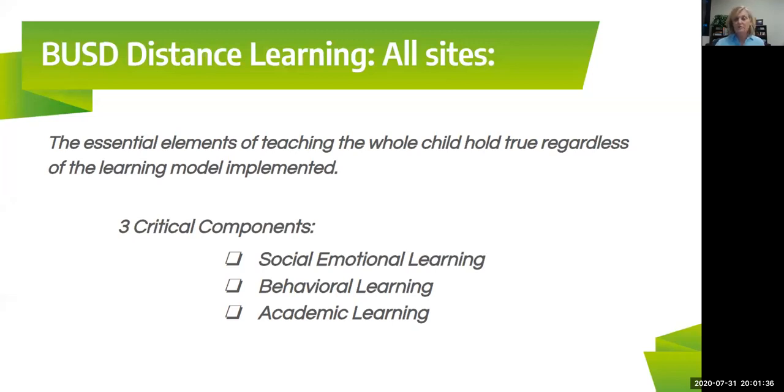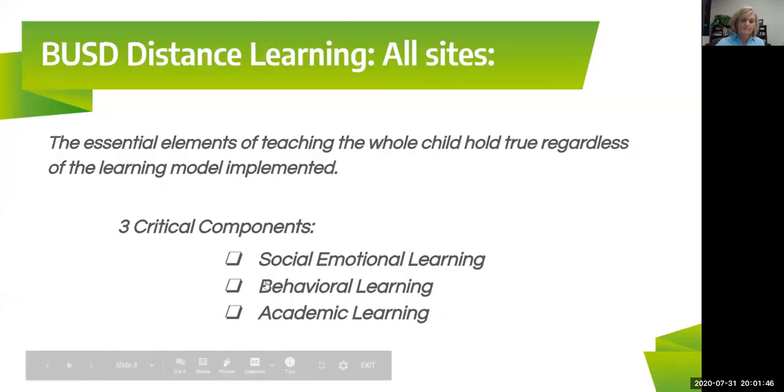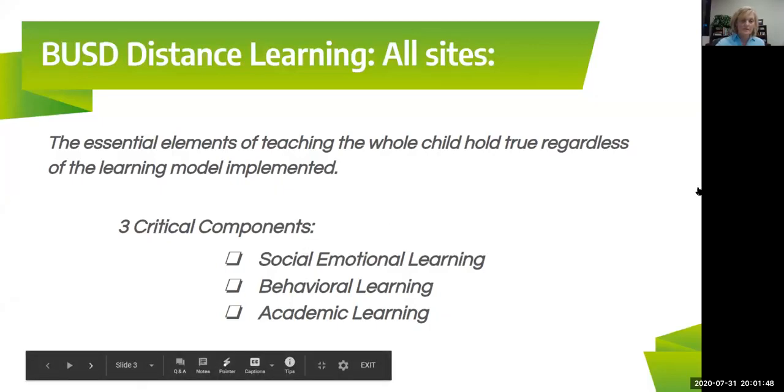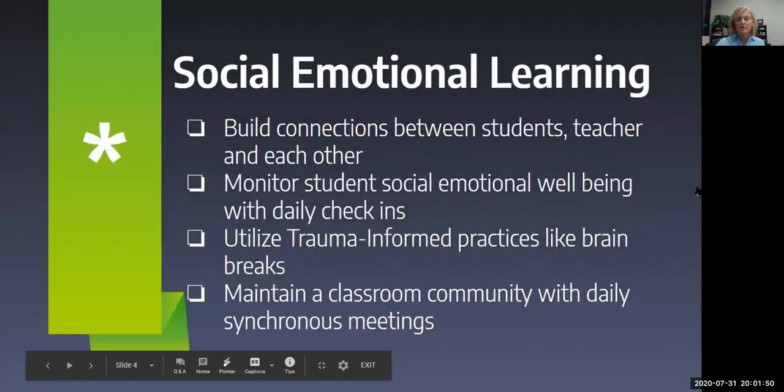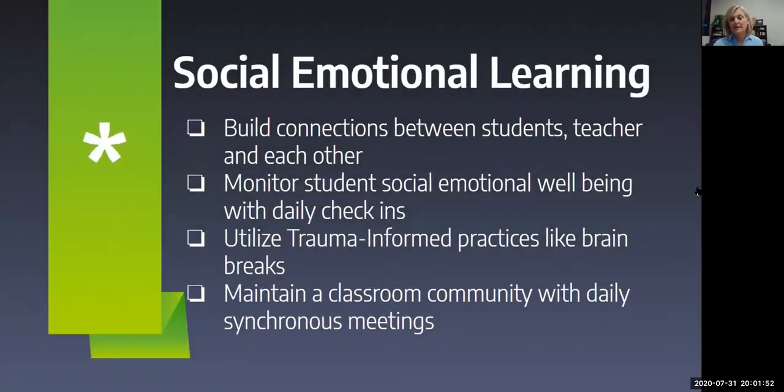These three critical components make up instruction for the whole child: social emotional learning, behavioral learning, and academic learning. Okay, so I'm going to go through those three parts and what that would look like in distance learning.